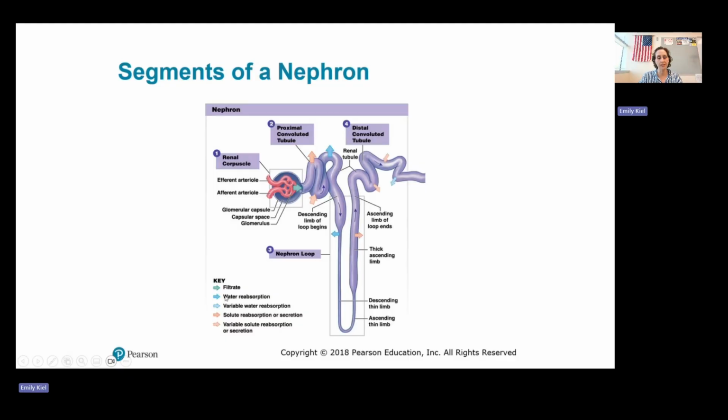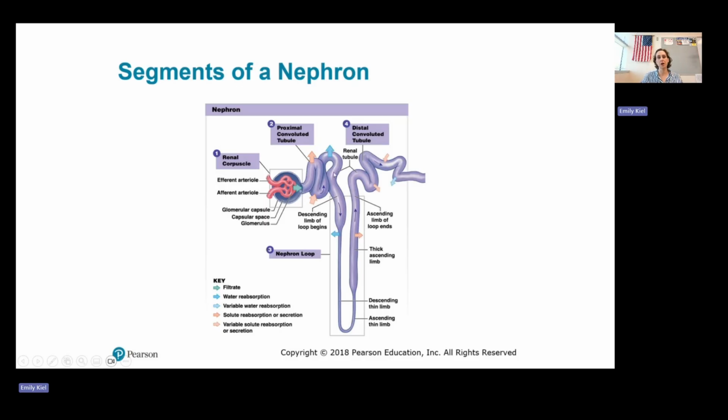And this is helpful because it's showing you with the colors exactly what is moving through each area. And we're going to talk about this some more, but it's a good tool to have to see that, okay, solutes are being resorbed or secreted. There's some water resorption. Here we've got the little variable solute resorption or secretion.